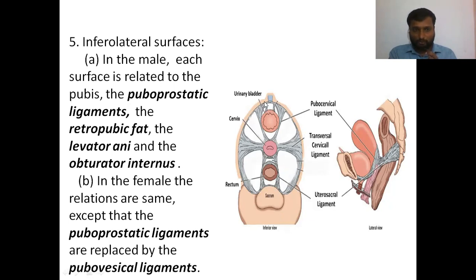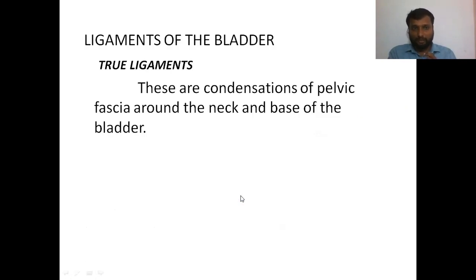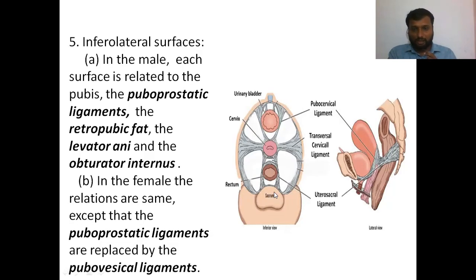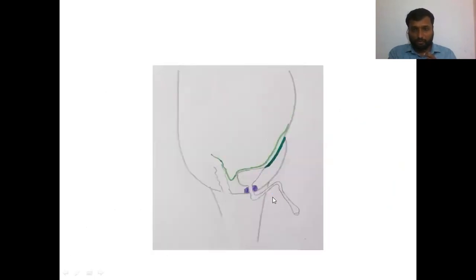So retropubic fat, then puboprostatic ligament. Then one muscle which forms the pelvic floor, the levator ani muscle, levator of the anus. So levator ani muscle, obturator internus, we will see that later. Then in case of females, instead of the puboprostatic ligament, we can see the pubovesical ligament. So these are the relations of the urinary bladder.